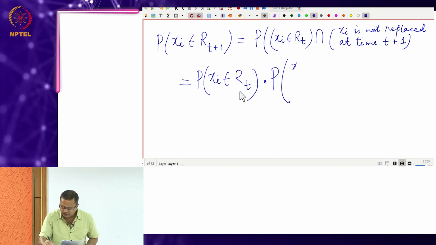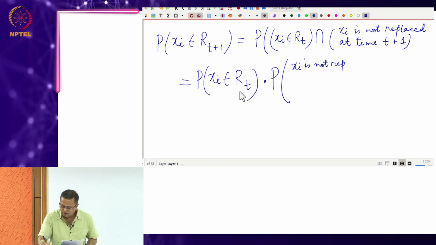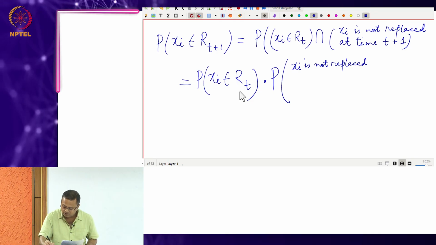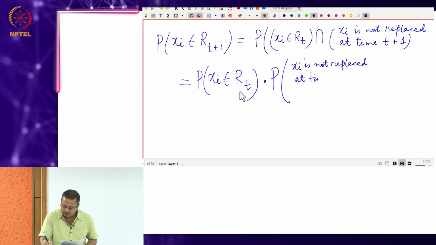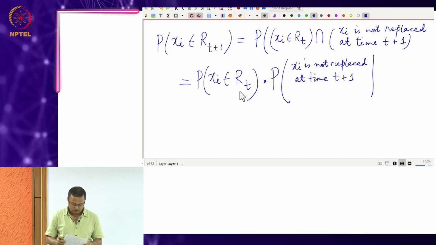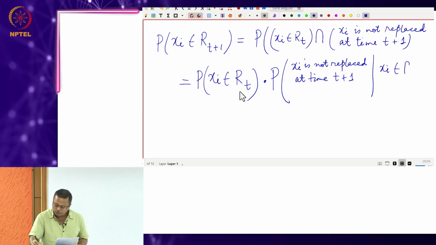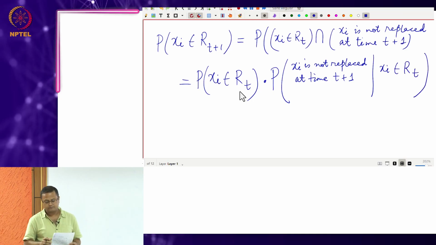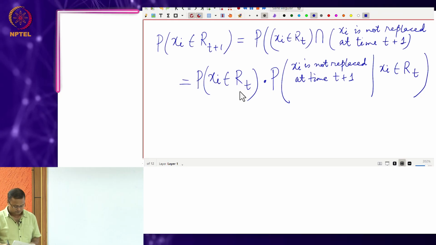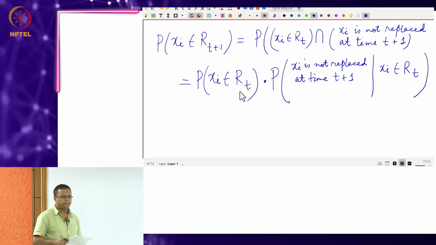Into probability x_i is not replaced at time t+1 given that x_i belongs to R_t. Agreed?